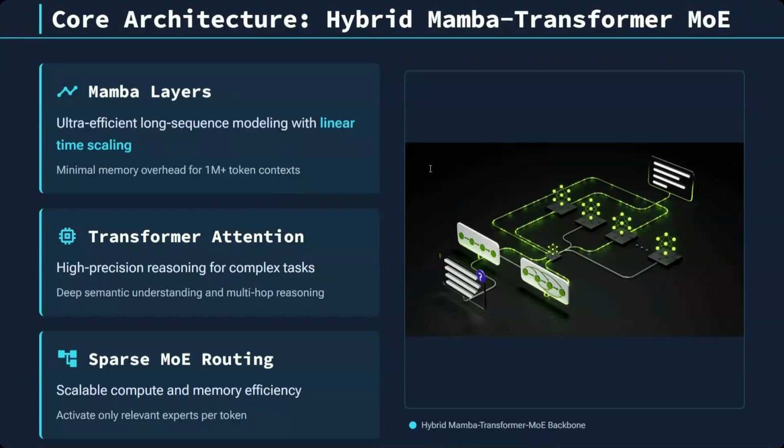For Nemotron 3 Nano, the technical report describes 23 Mamba 2 layers plus mixture of experts blocks plus a handful of attention layers, totaling 31 billion parameters with 3.2 to 3.6 billion active for every forward pass.